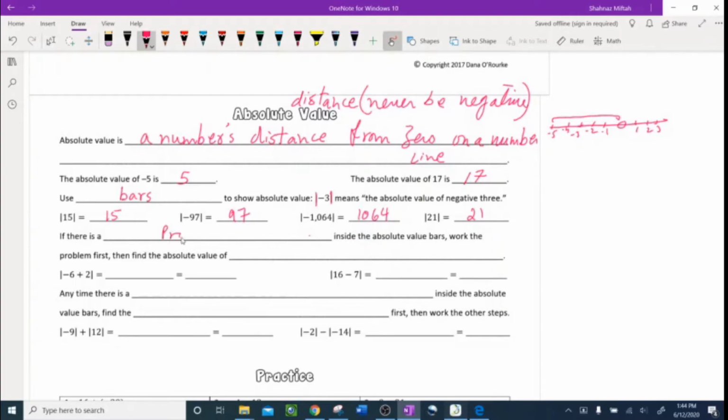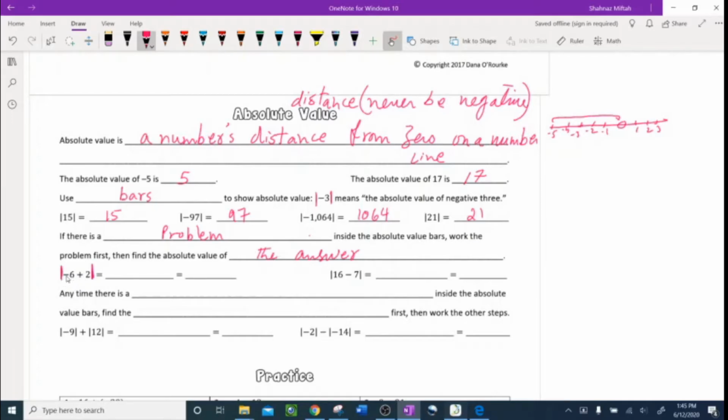Now, if there is a problem inside the absolute value bars, work the problem first, then find the absolute value of the answer. Look at this. These are my two bars, and do you see there is a problem, like I'm subtracting? Why would I subtract?